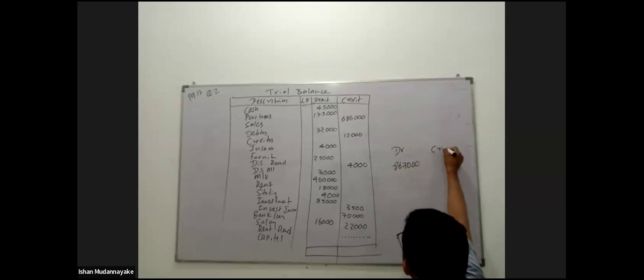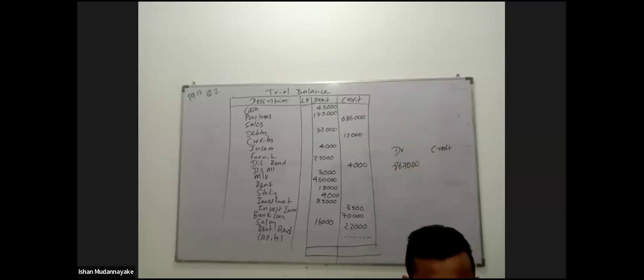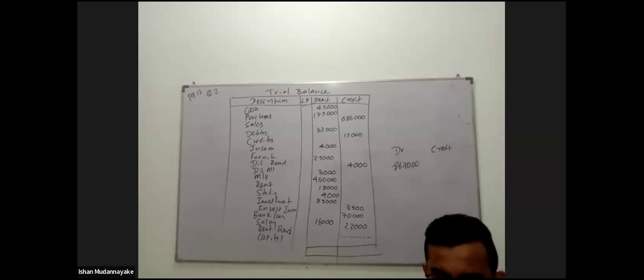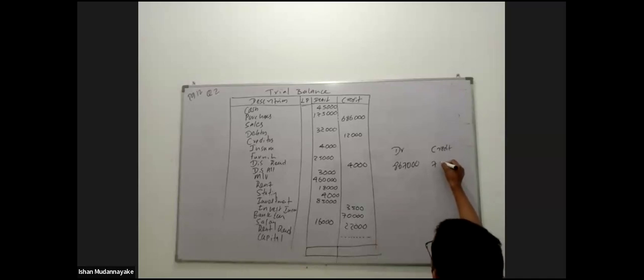And then our credit side total amount, how much? 797,500.